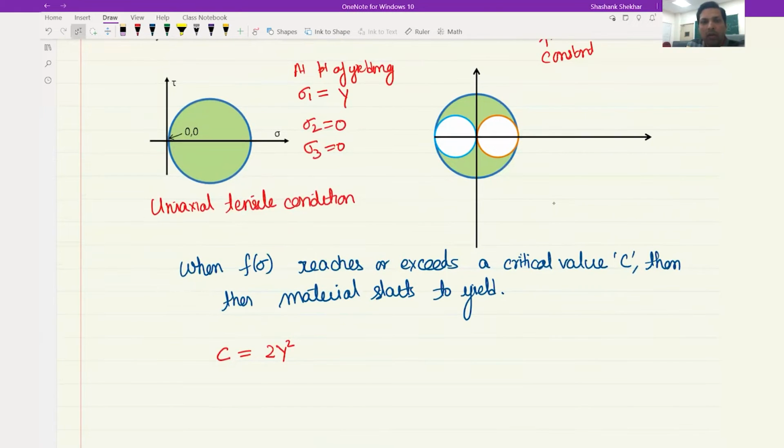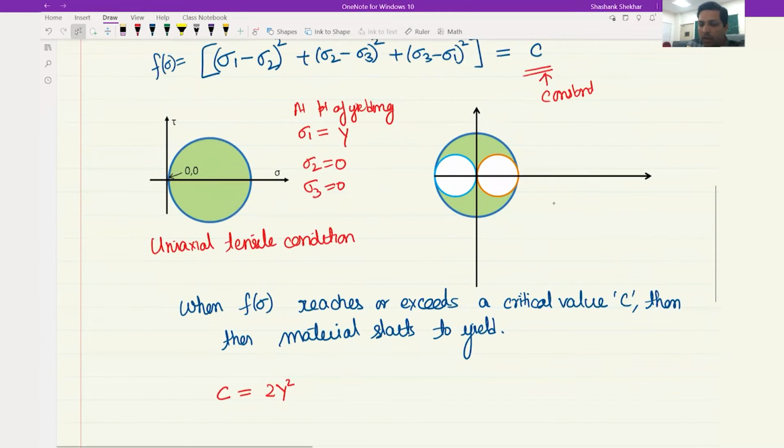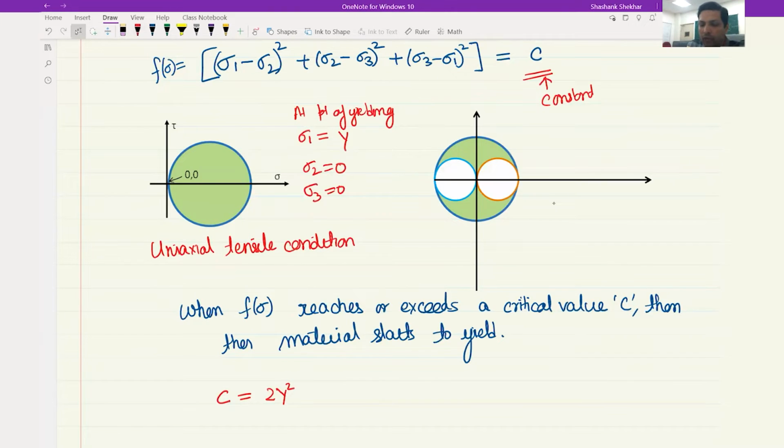On the other hand, we can also find this constant in terms of the shear strength. For shearing, we know that this is a Mohr circle that represents the shearing condition. Under shearing, we know that sigma 1 is equal to plus k, sigma 3 is equal to minus k, and sigma 2 is equal to 0.